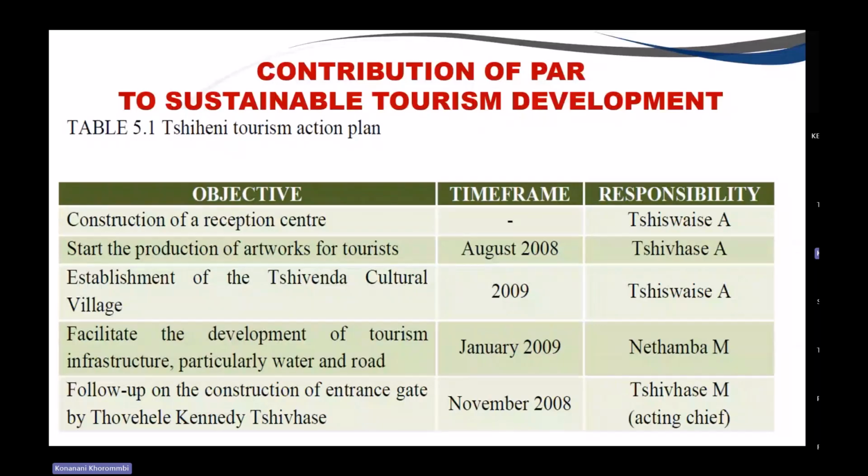Facilitate development of tourism infrastructure, particularly water and road. Then Netamba would look at that one, and it had to start in 2009. Follow up on the construction of the entrance gate by Tobery Kennedy Chibasa. I think it might mean they had already started discussions, or were already thinking about it, or this is what they recommended. But it was to start in November 2008, before I left the site.